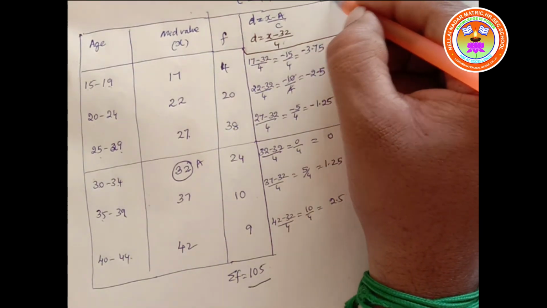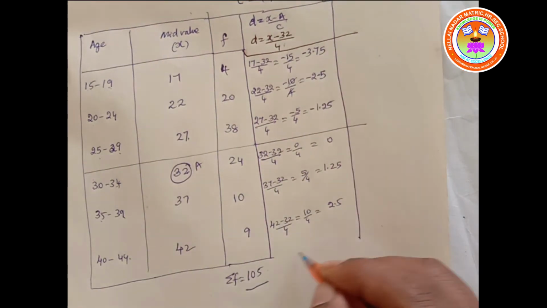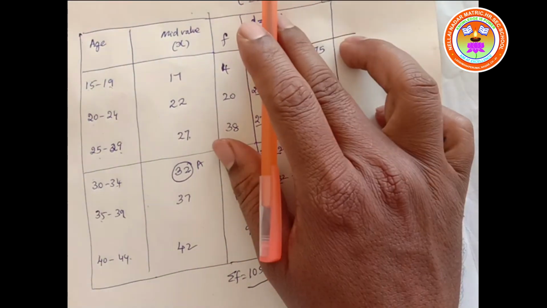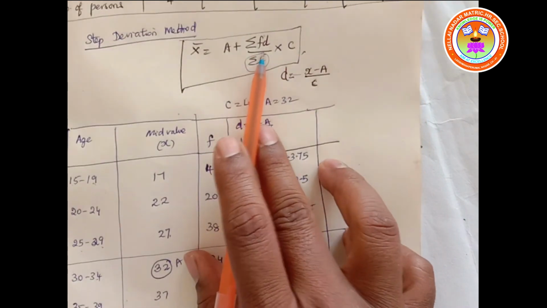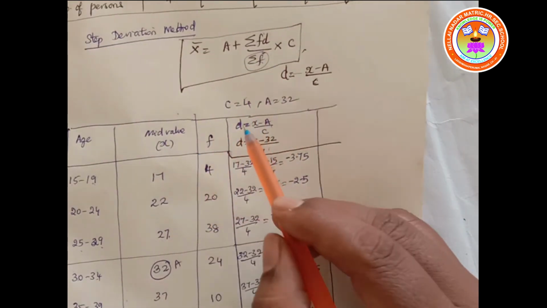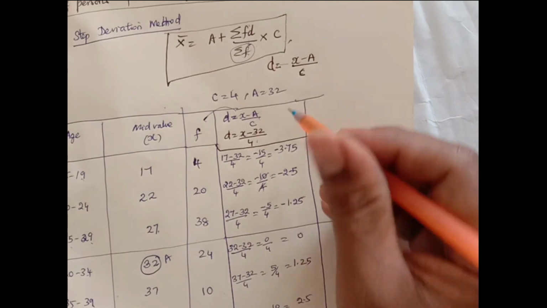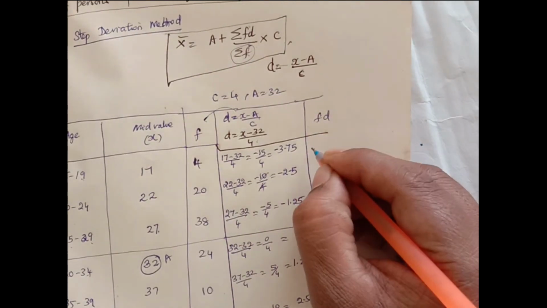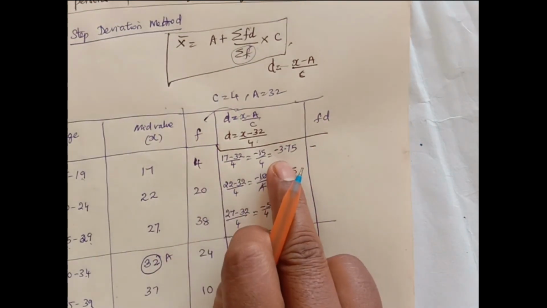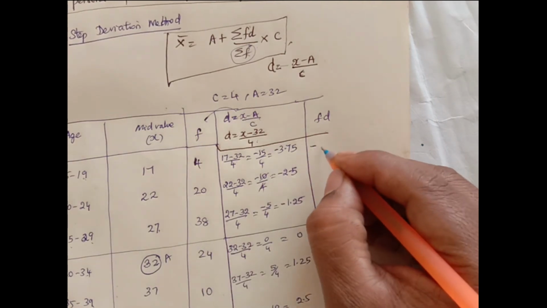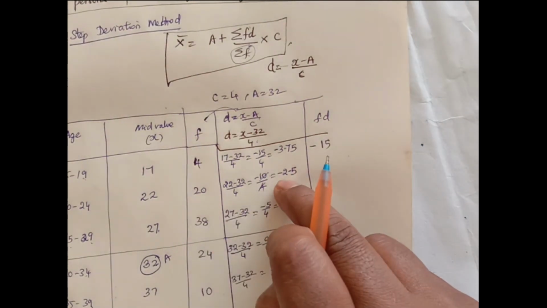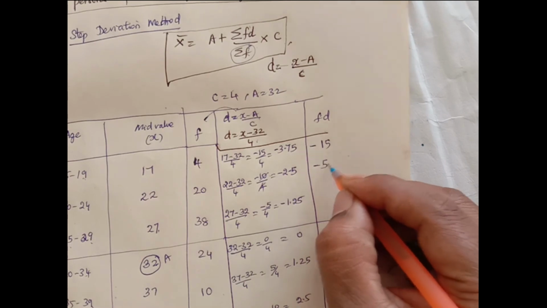This is d, children. Actually you have to find sum of f into d. F is there, d is there. You are going to multiply both f into d. Minus 4 into 3.75 is minus 15 you get. 20 into minus 2.5 is minus 50.